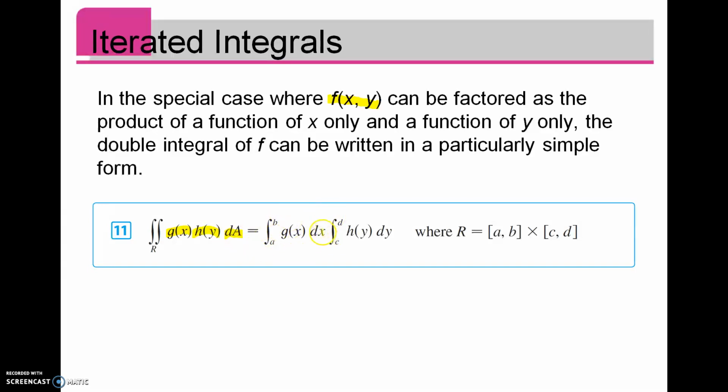So that dA will be split up into dx and dy. So you can see that the iterated integrals can now be evaluated separately and then multiplied. Right, so here's your R. R is between A, B and C, D to make that rectangle.